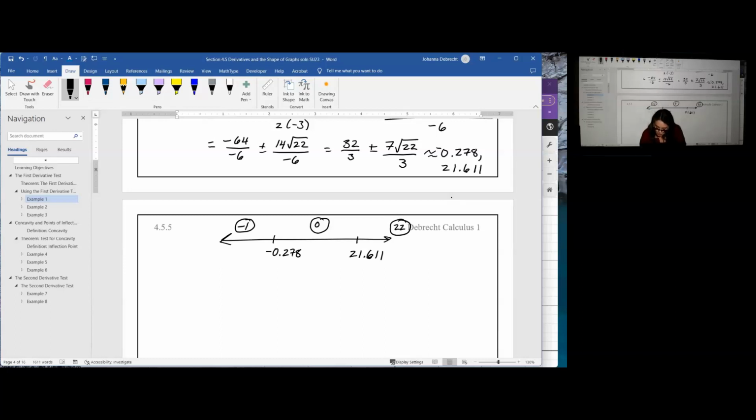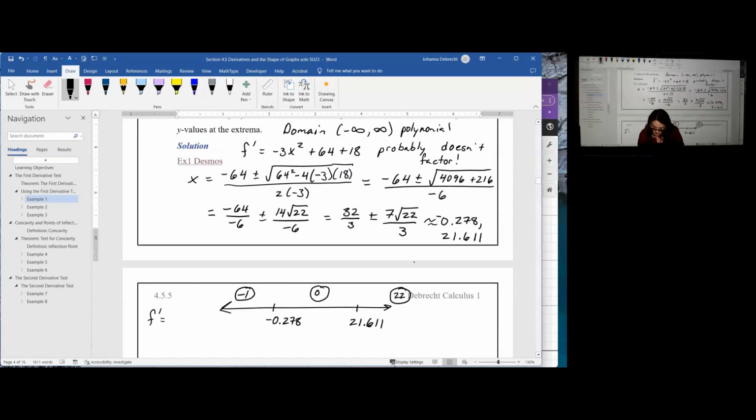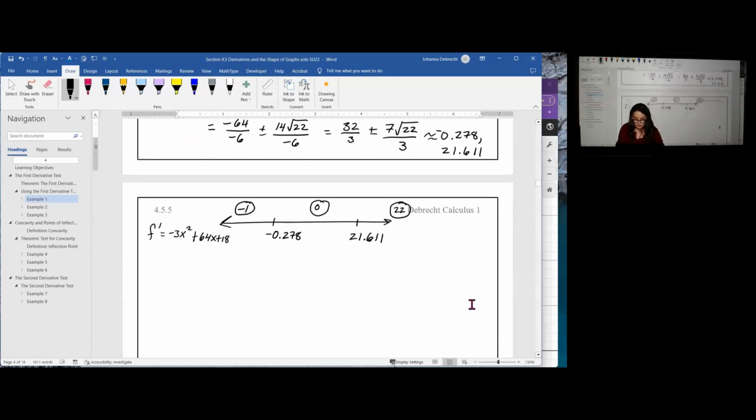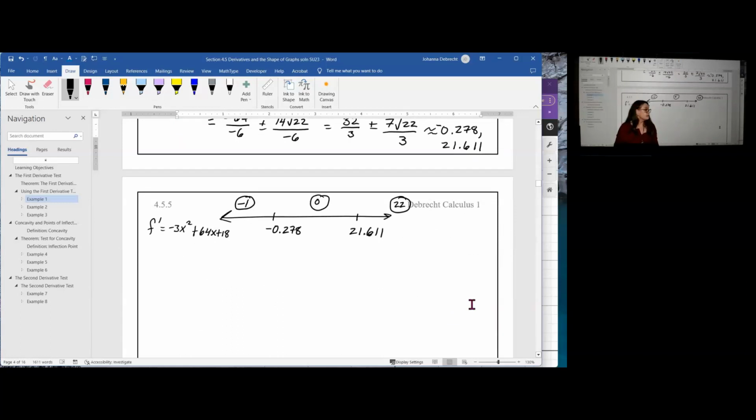We want to know about the sign of the first derivative. The first derivative was negative 3x squared plus 64x plus 18. Go ahead and substitute those values into this particular derivative and see whether you get a positive or a negative number.